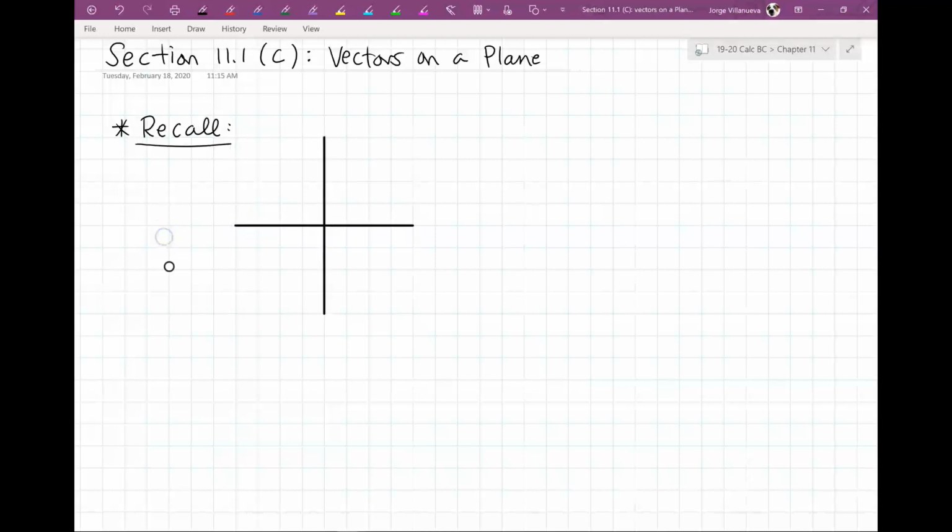So, we're going to recall the idea of a unit circle. And let me kind of draw this out here. So we're going to call that our unit circle.